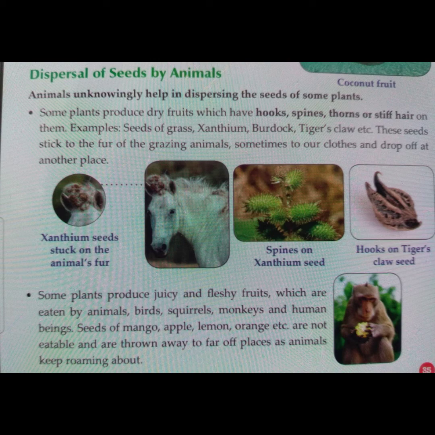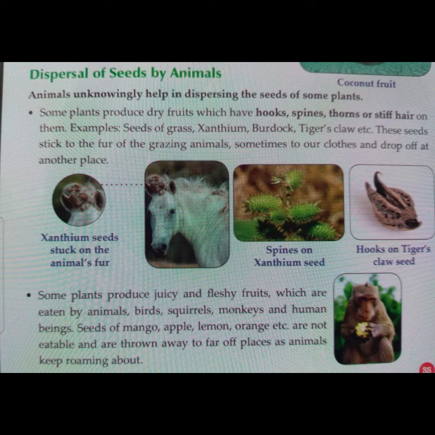Some plants also produce juicy and fleshy fruits which are eaten by animals like birds, squirrels, monkeys, and even we, including human beings. So after eating, what do we do? We just throw out the seeds. Seeds of mango, apple, lemon, orange, etc. They have fleshy fruit, and also there is juice in them.